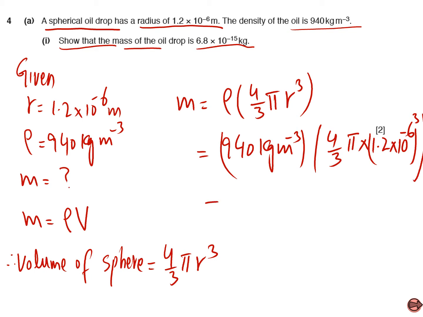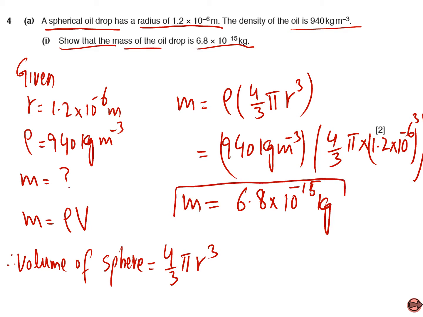If we use a calculator, we get 6.8 times 10 to minus 15 kgs. This is what we were trying to find, and this is our final answer.